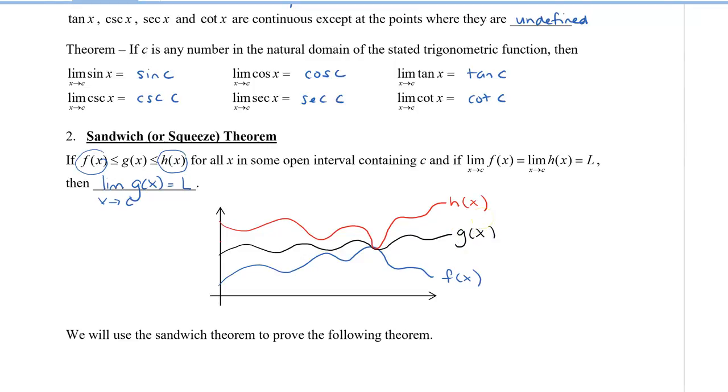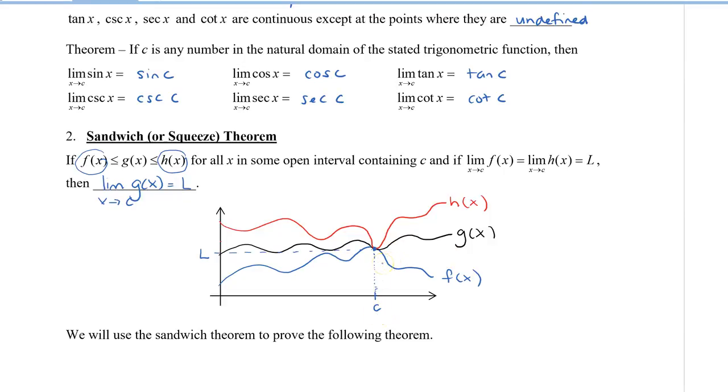At this point here, since x is approaching c, and the limit for f of x and h of x is going to be L when I draw this line across, then for g of x at that point c, the limit should also be L.